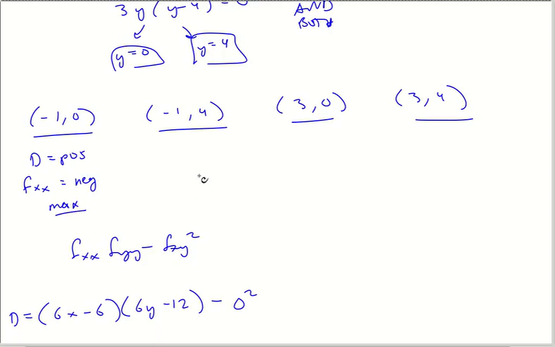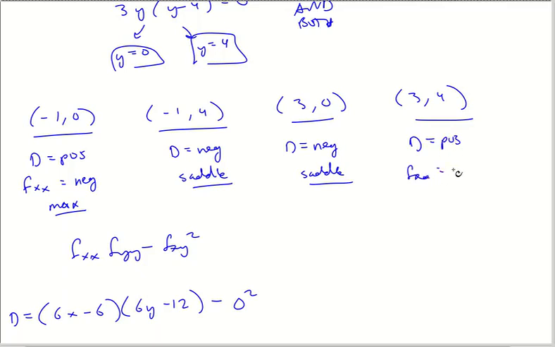Okay. In this particular case, d is negative when I plug it all in. Therefore, automatically, that's going to be a saddle. This guy right here, d yet again is going to be a negative. So this will be a saddle. And then here, d is actually a positive. Whenever I do my double x, I get a positive. Therefore, this is going to be a minimum.